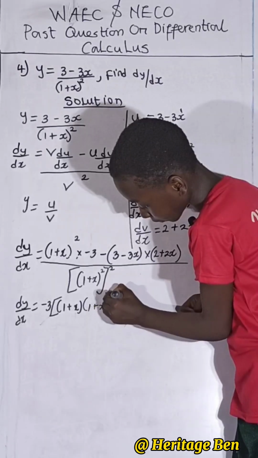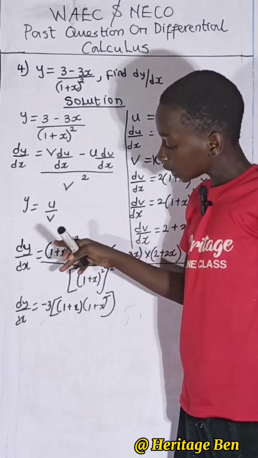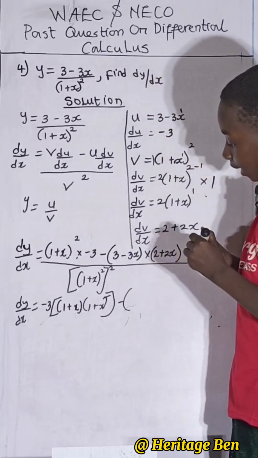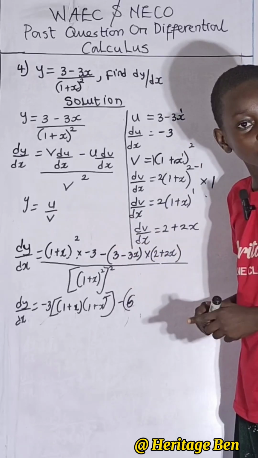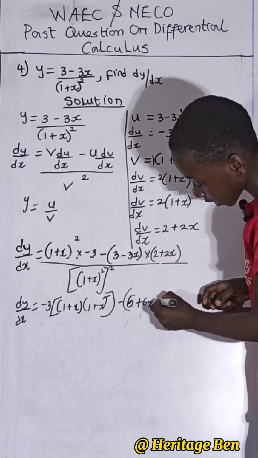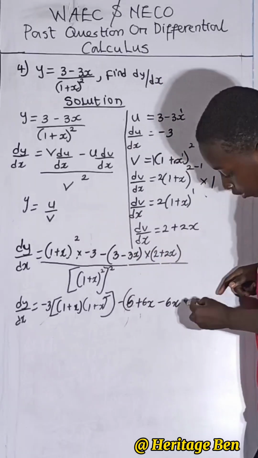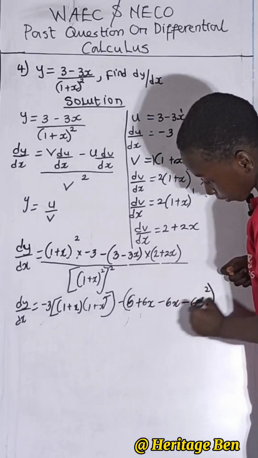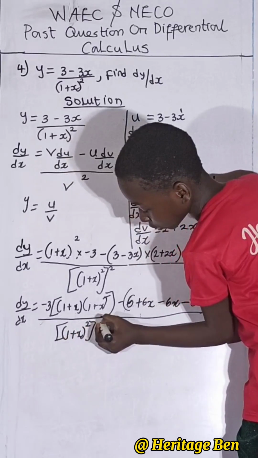Now we're going to open this bracket because (1 plus x) raised to 2 is (1 plus x) in 2 places, minus, now let's open this bracket, (3 times 2, 6, 3 times plus 2x, plus 6x, minus 3x times 2, minus 6x, minus 3x times plus 2x, minus 6x squared), divided by ((1 plus x) squared) all squared.